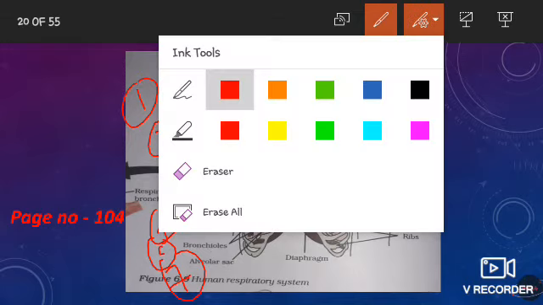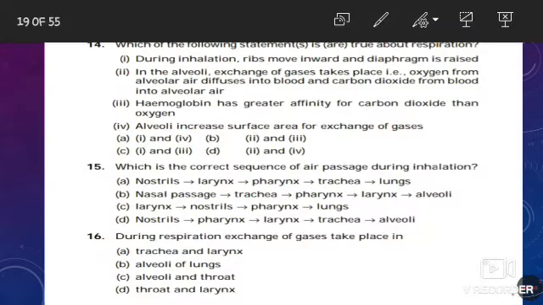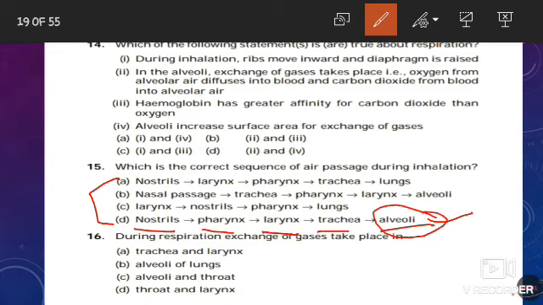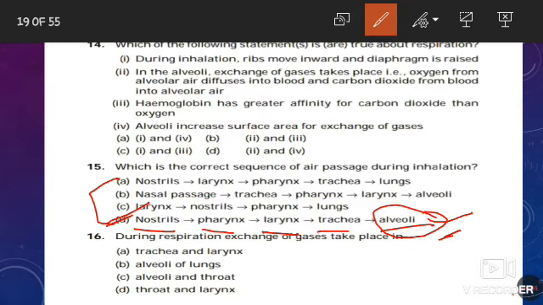Now you can check out the options of question number 15. According to all these options, option D is correct: nostrils, then pharynx, then larynx, then trachea, and finally the alveoli. So the answer D is correct.